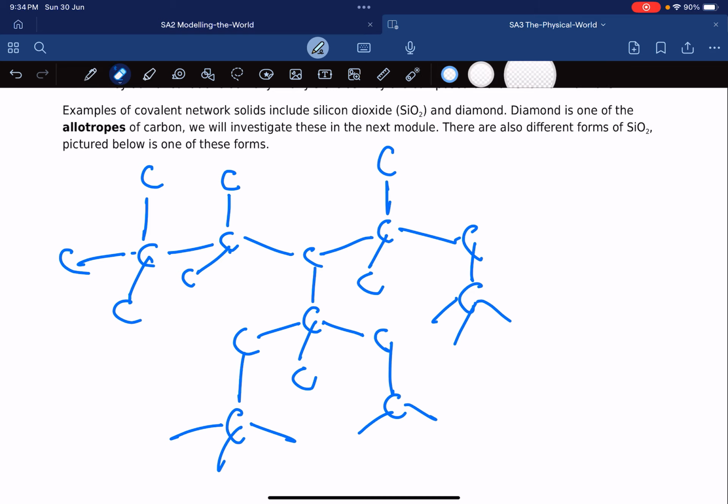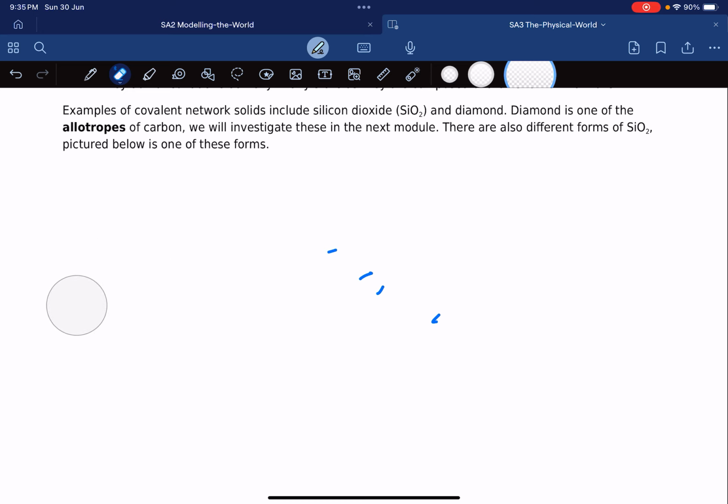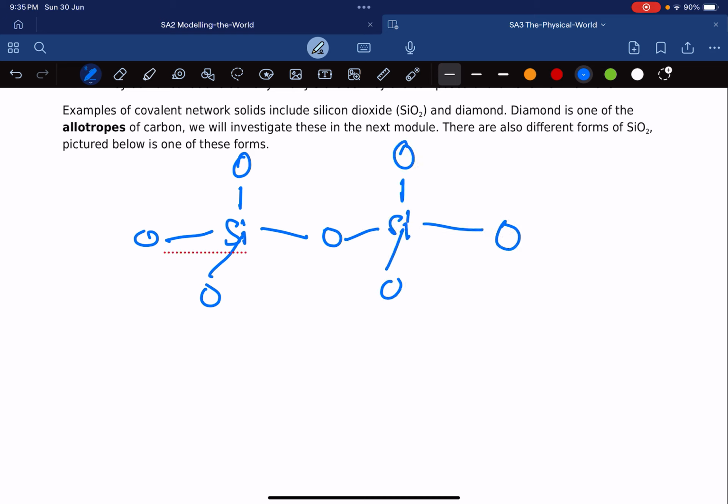Same thing goes with, let's say, silicon dioxide. In silicon dioxide's case, every silicon is attached to 4 oxygen atoms. All right, so there's another silicon here attached to 4 oxygen atoms.